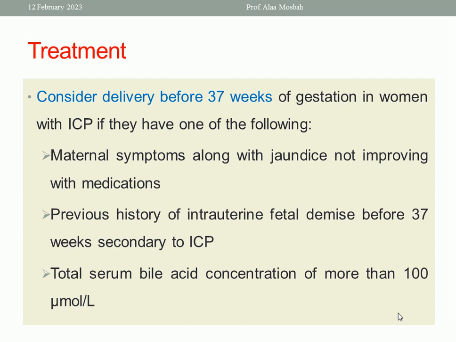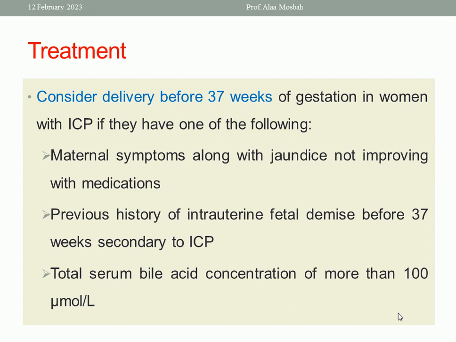Okay, some authors said consider delivery before 37 weeks gestation in case of intrahepatic cholestasis if they have any one of the following. Maternal symptoms with jaundice not improving with medications. This is number one.